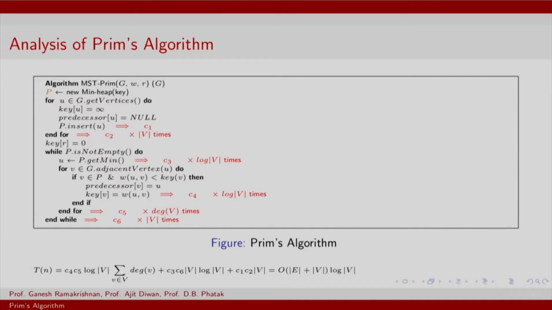So the first initialization requires access to all the vertices and inserting each into the min heap. Now we know that heapification can happen in order the number of entries being added, so we can recall the efficient version of heapification.